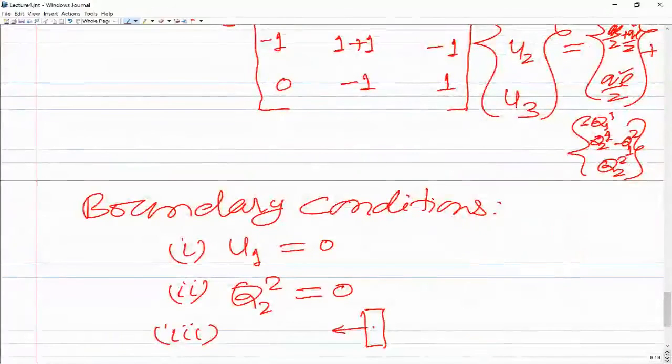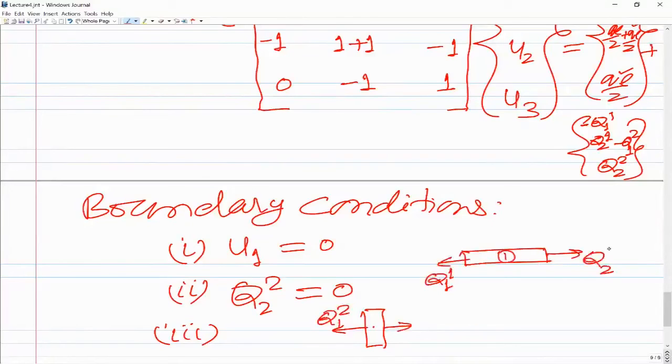Now see this q, q12 is the force on the element. So the force on the node is going to be in the opposite direction, so this would be q12, and this side similarly opposite of what we have in the element. Let me again show you. When we are talking of element 1, this is q11 and this is q21.